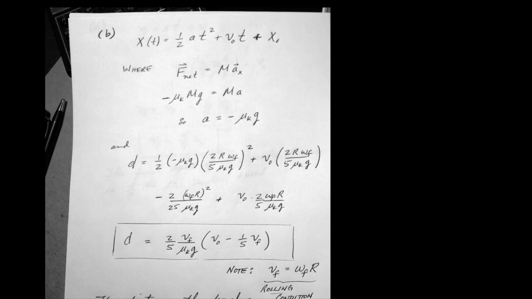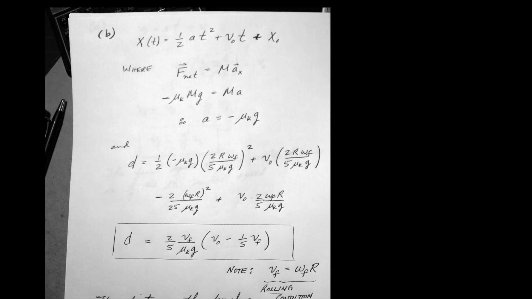So doing a little bit of algebra after plugging into that kinematics equation and writing x sub t as d, this moment in time when the bowling ball just starts to roll without slipping. So we substitute all that stuff in there, and we get that the distance the bowling ball travels down the lane before it's rolling without slipping is 2/5 the final velocity of the center of mass over mu sub k g times the quantity, which is the initial velocity, minus 1/5 the final velocity.